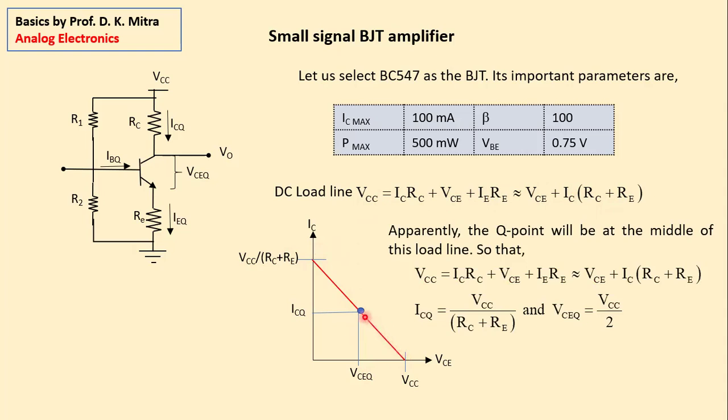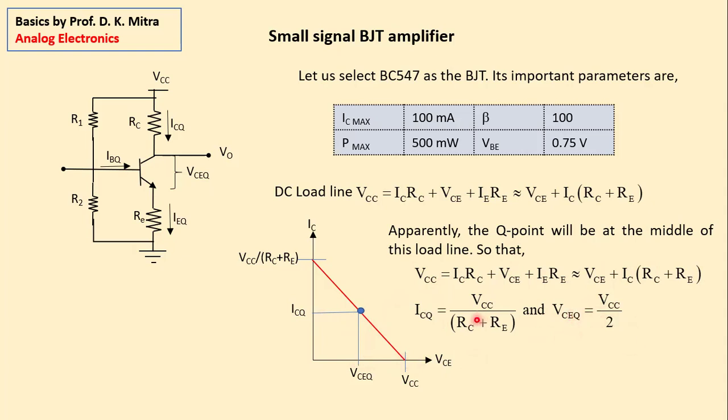Now, what is this Q point? We discussed earlier, the Q point should be at the middle of the DC load line. In that case, the VCQ point is half of VCC. This is VCC, and it is half of VCC.